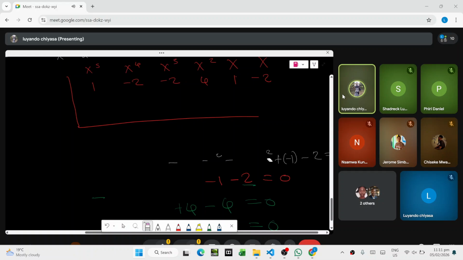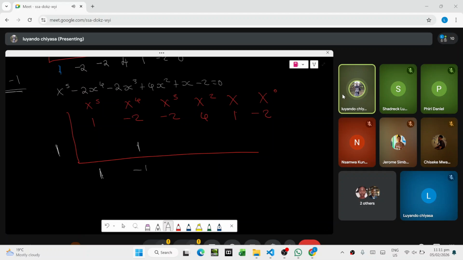For the first one we just drop the 1, and say 1 times 1, we get 1, -1 times 1, we get -1, we get -3, we get 1, we get 2, and we get 0.